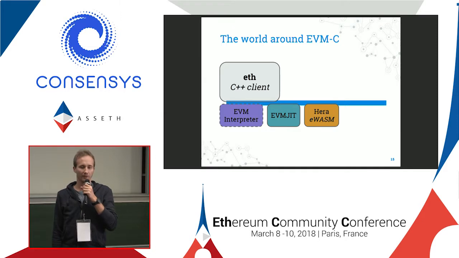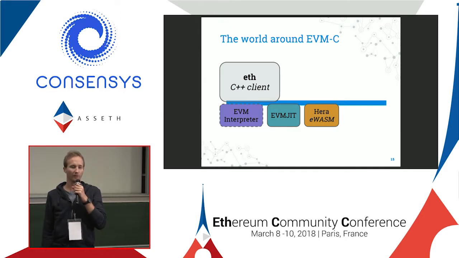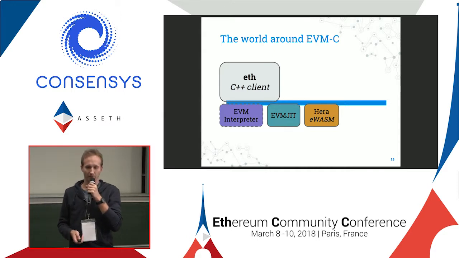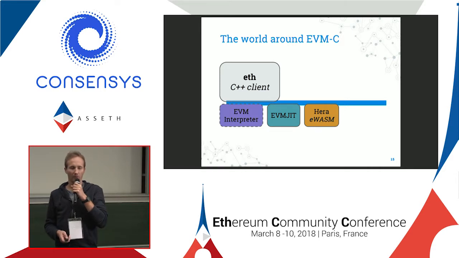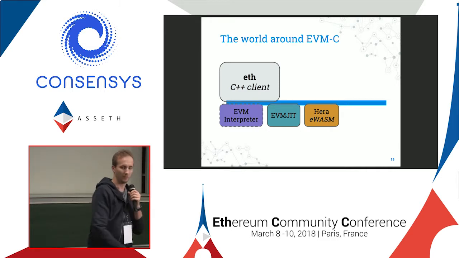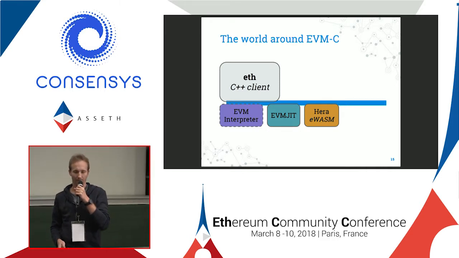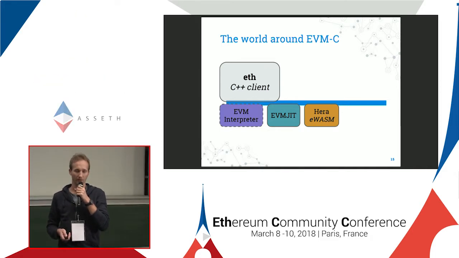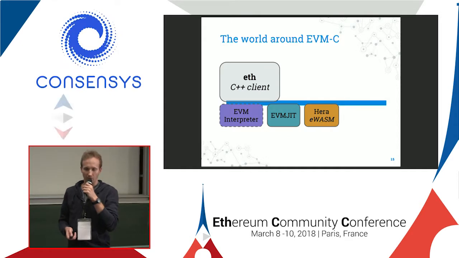It's not about the specific bytecode that the VM executes. So we were able to use the same interface that we had already been using in existing clients to implement support for WebAssembly.